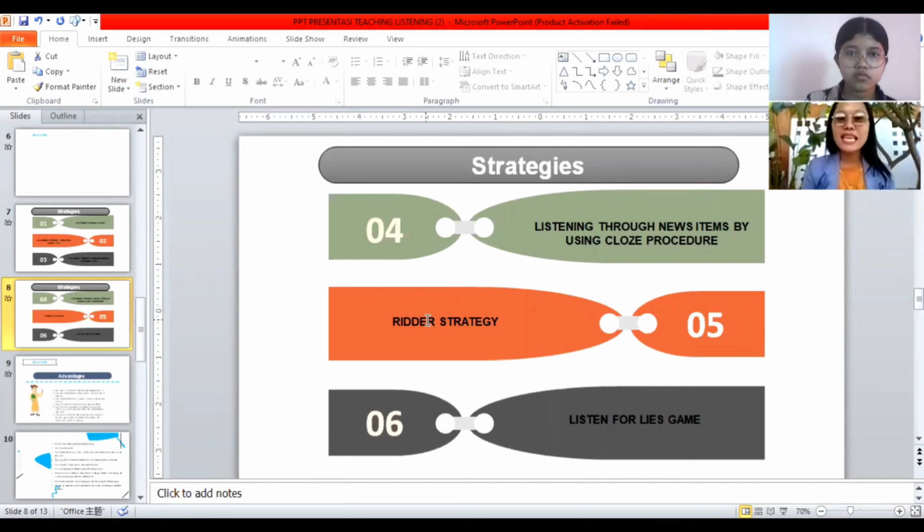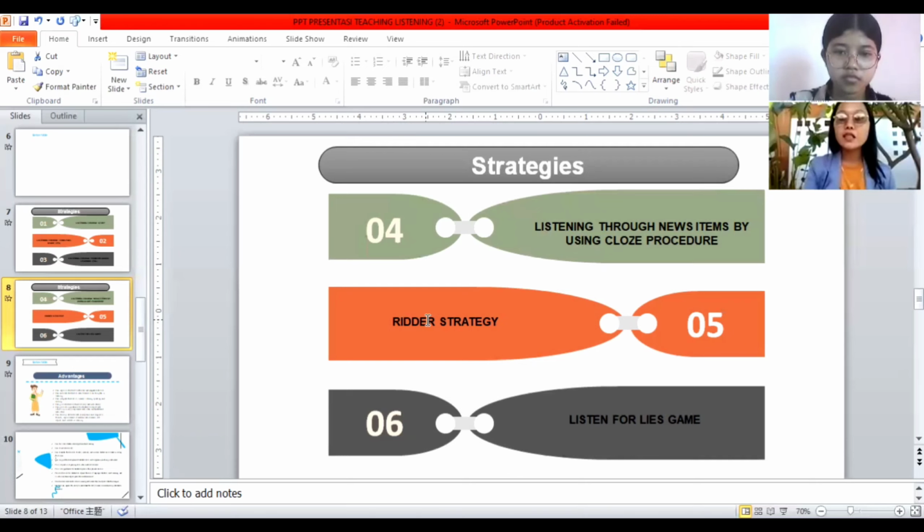Okay, the last strategy is the listen for lies game. This strategy is the best strategy for teaching listening skills using games. The procedures for implementing this strategy include, first, before the listening activity, the teacher prepares the lesson by introducing the topic. Second, in the core activity, the teacher implements the listen for lies game.